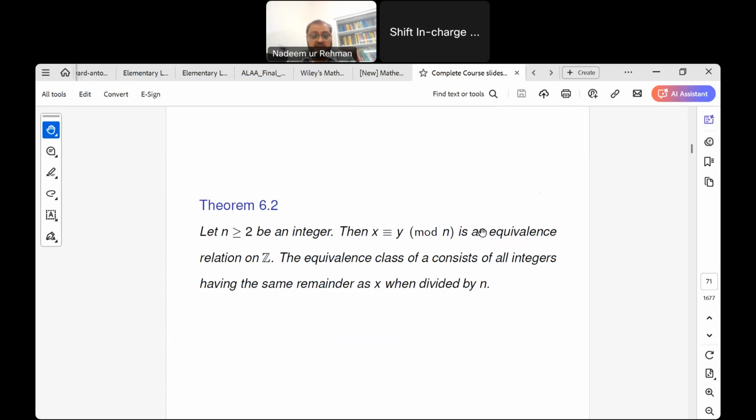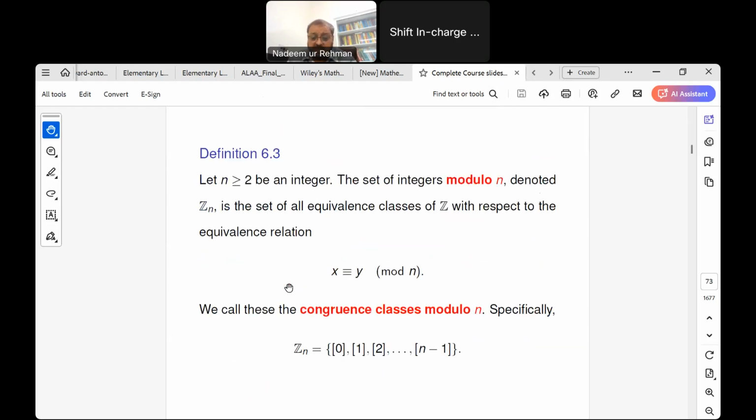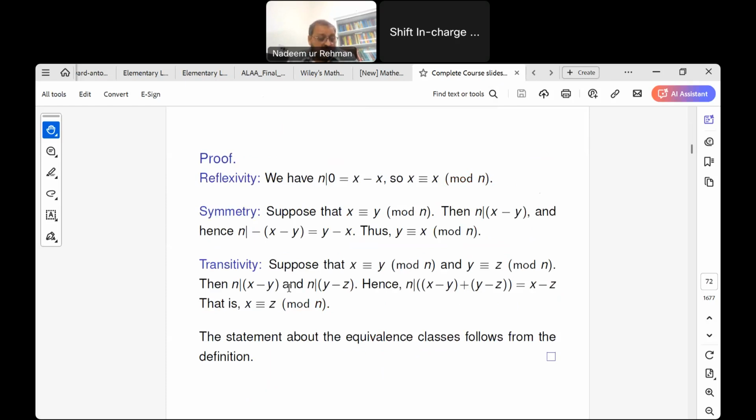It is reflexive, because n divides x minus x, so it's not a problem. If n divides x minus y, then n also divides y minus x, and so symmetry also holds. If n divides x minus y and n divides y minus z, then clearly n divides x minus z, so x is congruent to z mod n. It satisfies all three conditions, which means it is clearly an equivalence relation.